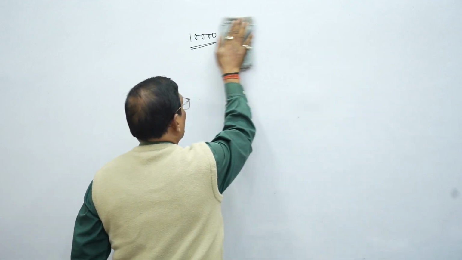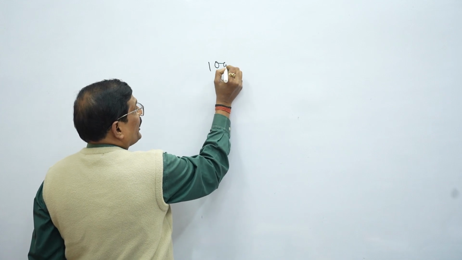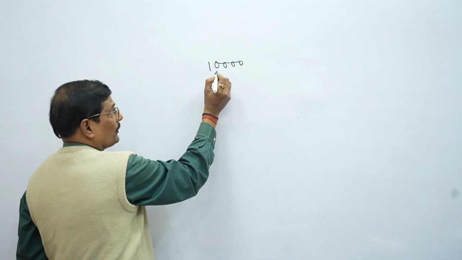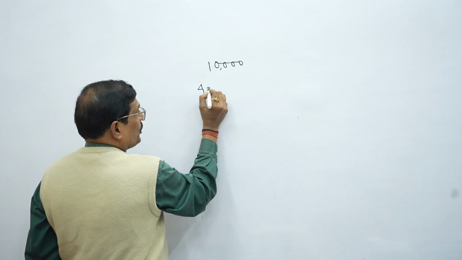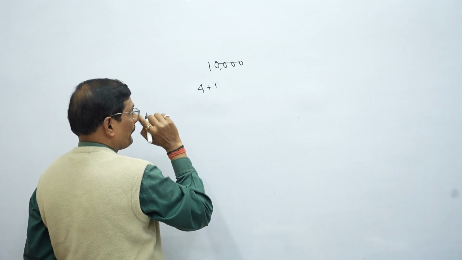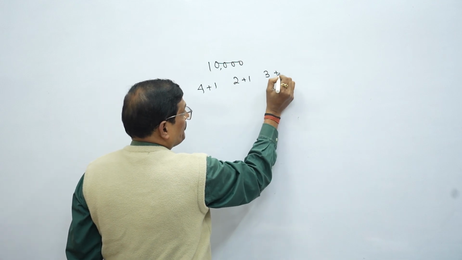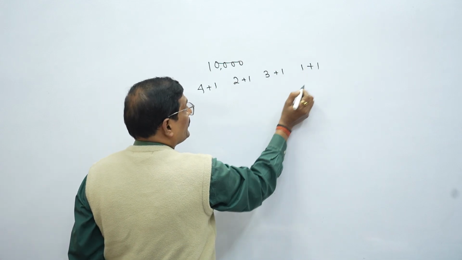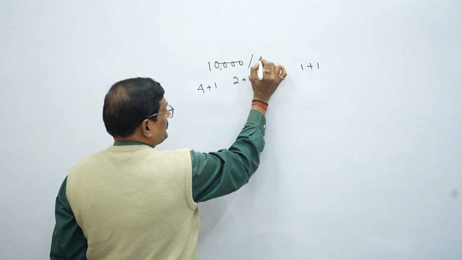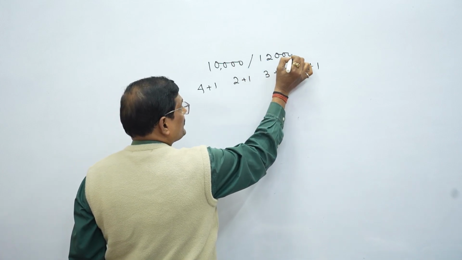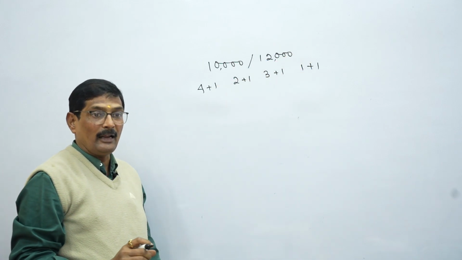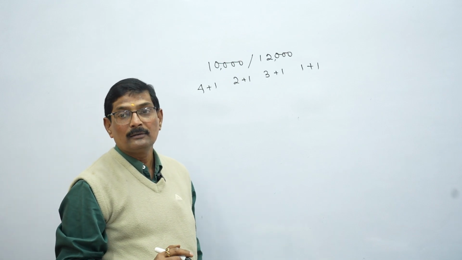Next, another important aspect. Suppose the question says 10,000 shares issued, payable as 4 plus 1, 2 plus 1, 3 plus 1 and 1 plus 1. Applications were received for 12,000 shares and allotment was made pro rata.